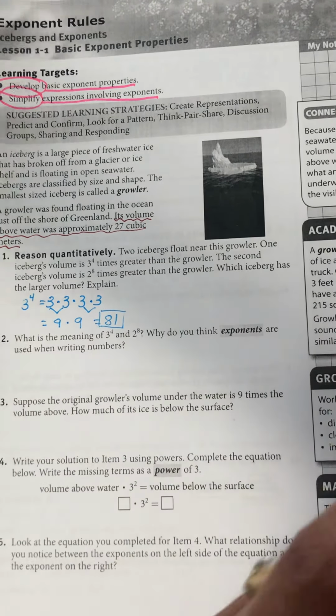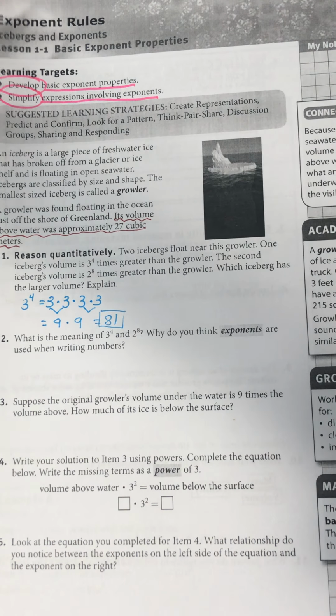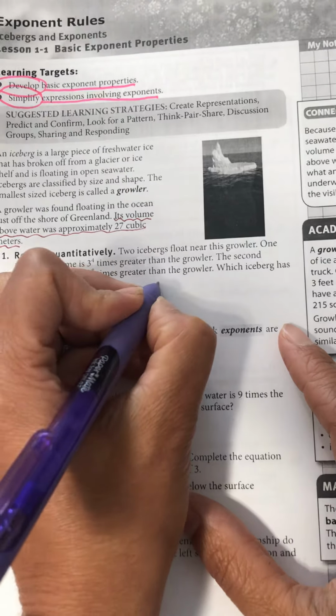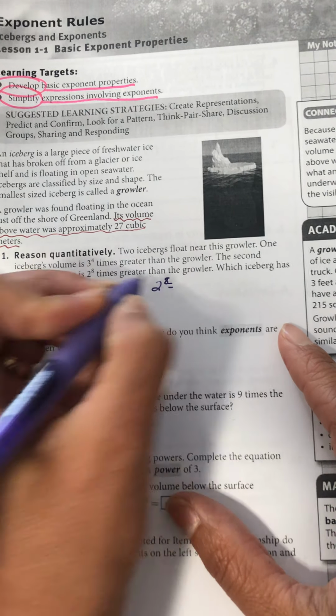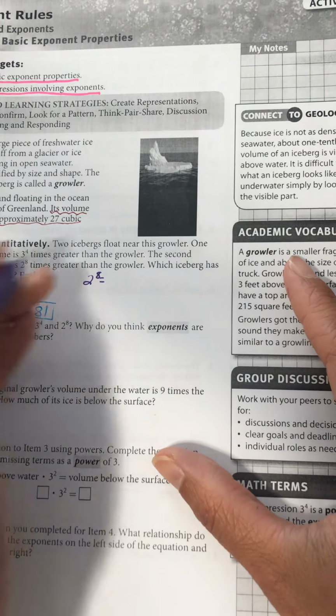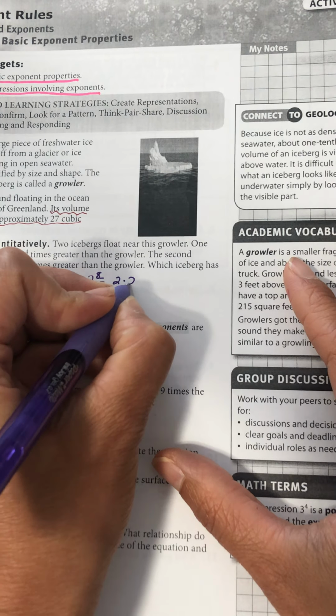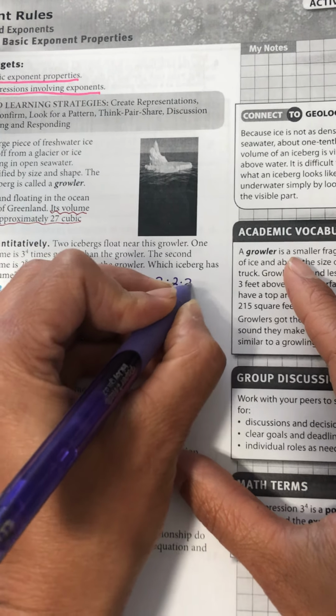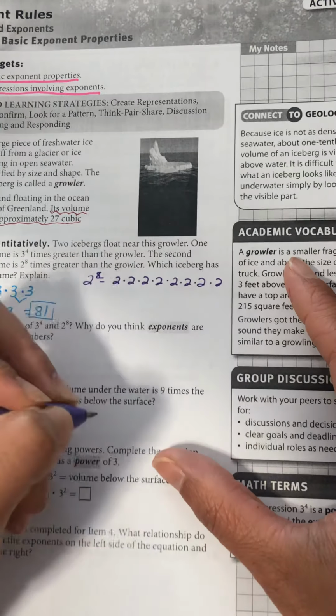Okay. The other iceberg, it said it was 2 to the 8th times greater than the growler. So let's figure out what 2 to the 8th is. That means 2 times itself 8 times. So 2 times 2 times 2 times 2 times 2 times 2 times 2 times 2.